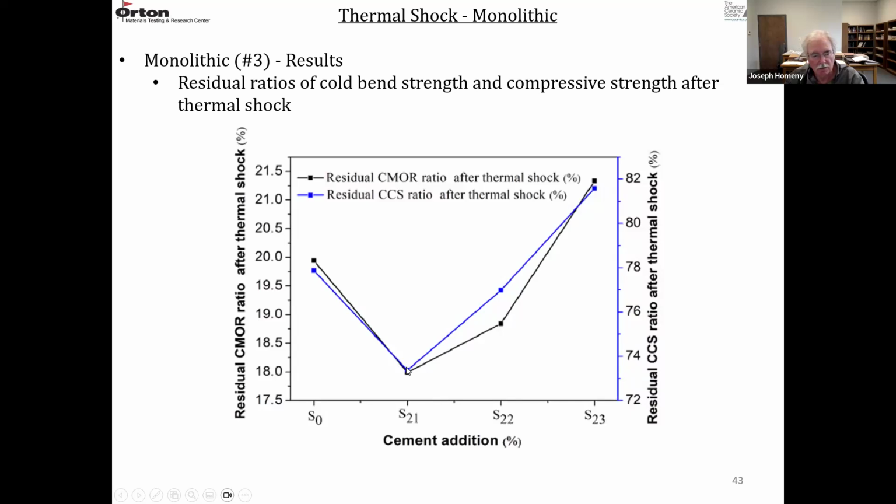So it has a lower performance. But then as you increase the cement content all the way up to S23, you can see that the performance in thermal shock, whether it's monitored by cold crushing strength or cold MOR, starts to increase.